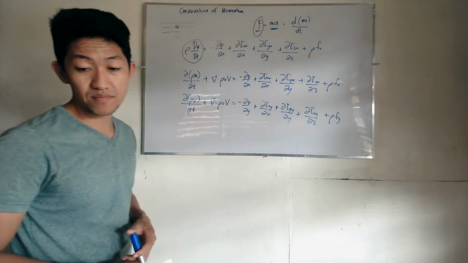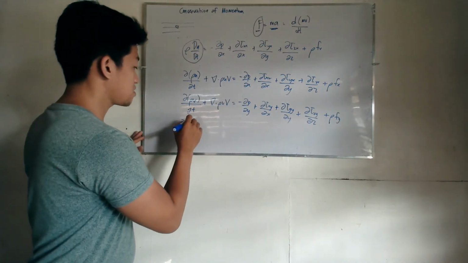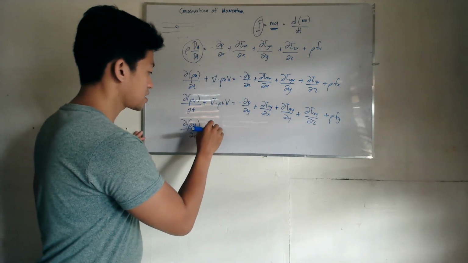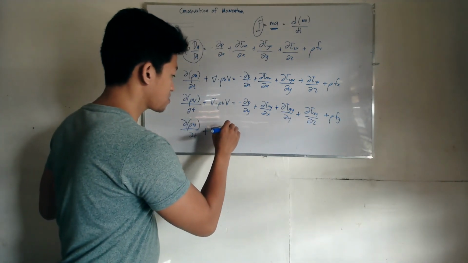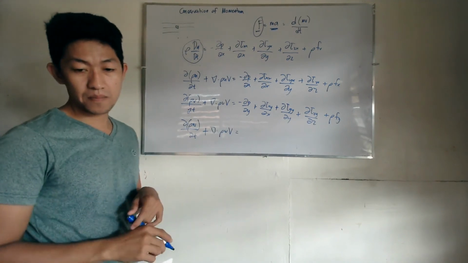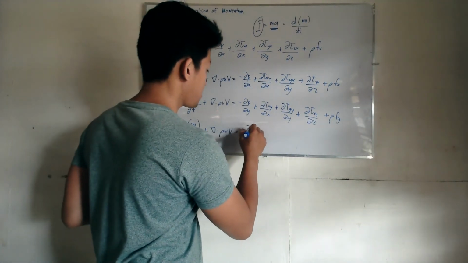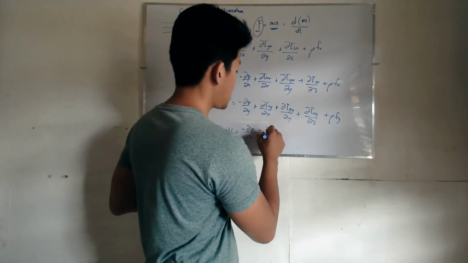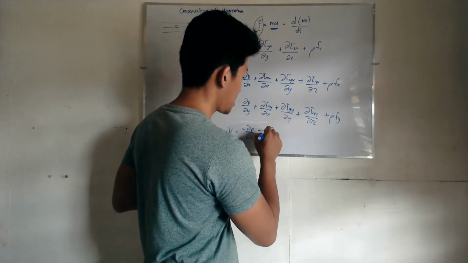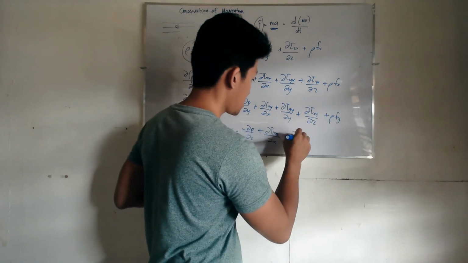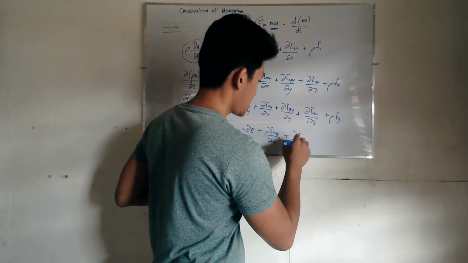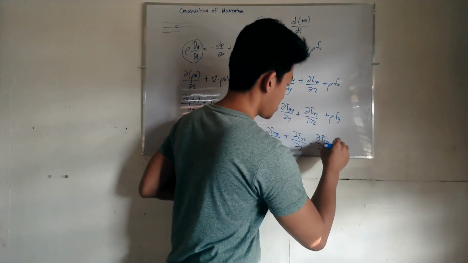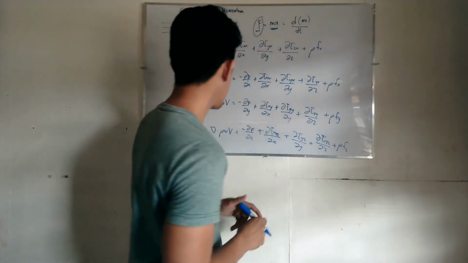Now, partial of rho w partial of t plus del dot rho w b equals negative partial of p partial of z plus partial of tau xz plus partial of tau zz plus rho fz.